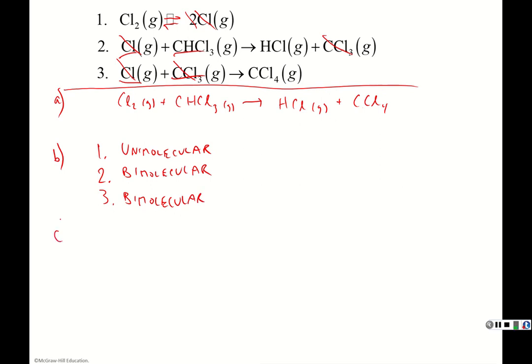And for part C, we need to write the rate laws of each of these steps. Right, so the first one, our rate is going to be equal to rate constant for step 1, k1. And the only thing it depends on is Cl2. Okay, for step 2, our rate is going to be equal to k2.